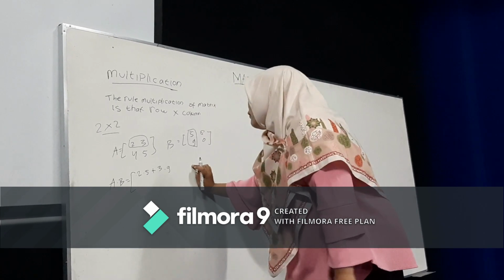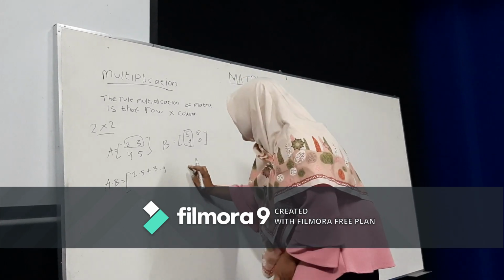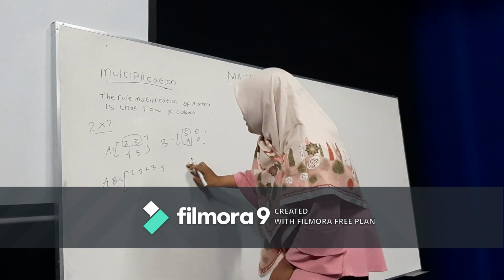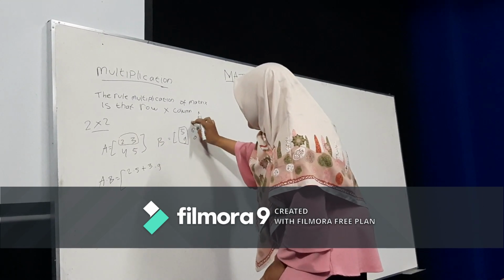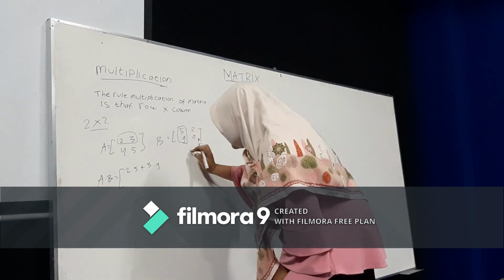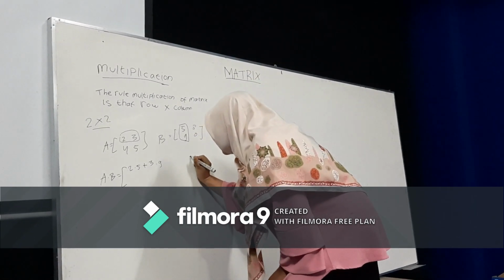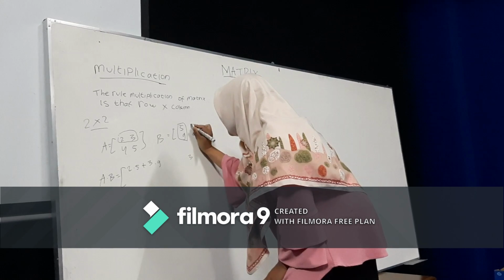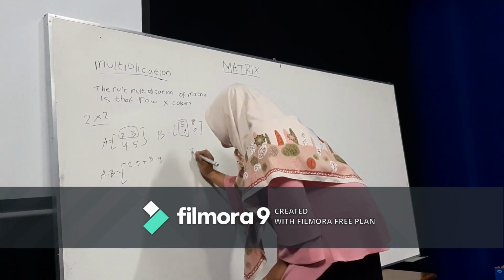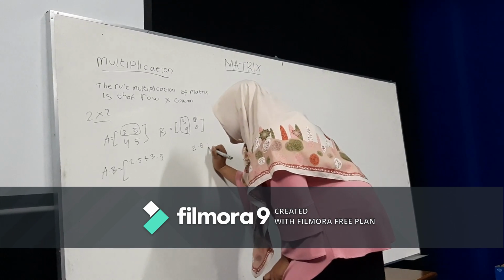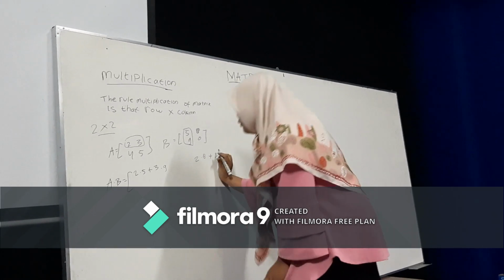For first row, second column, it is first row of matrix A times second column of matrix B, 2 times 8 plus 3 times 0.